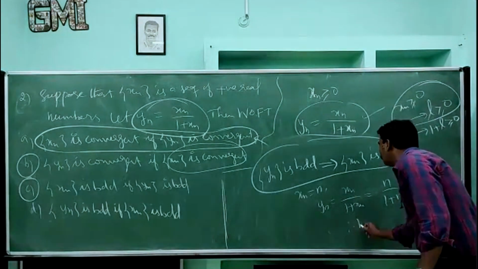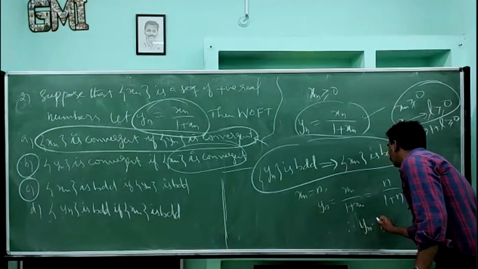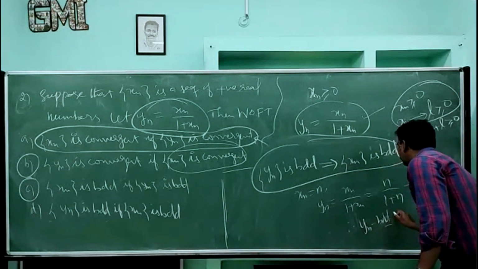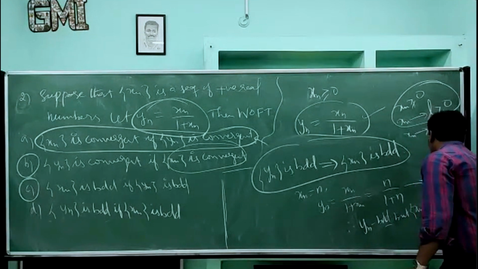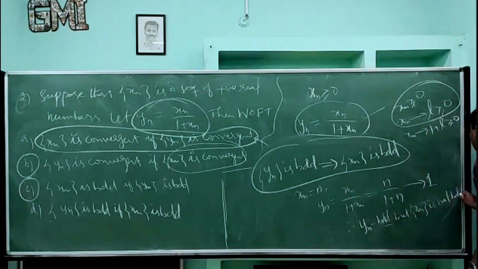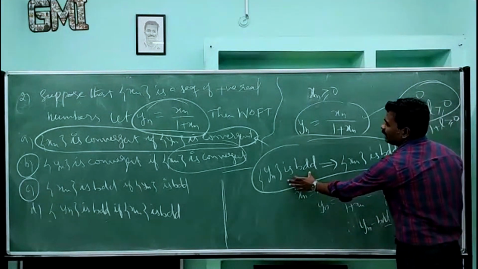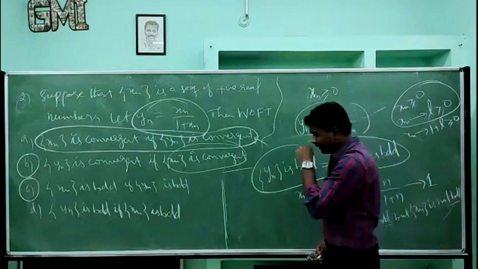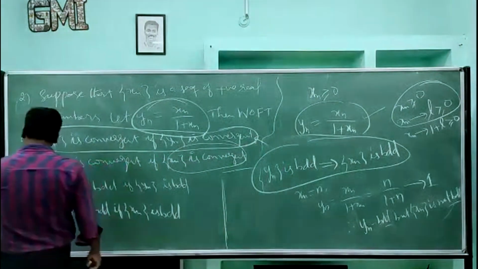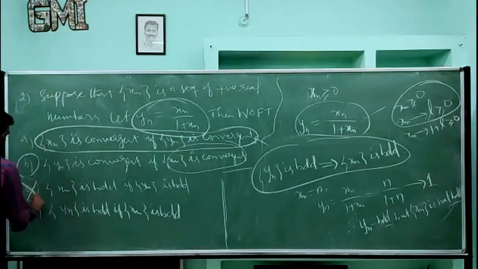So clearly yn is bounded, but xn is not bounded. So whenever yn is bounded, it does not necessarily imply xn is bounded. Therefore, option C is not always true.